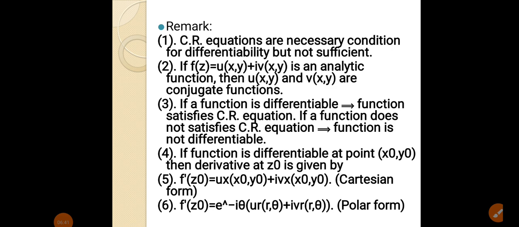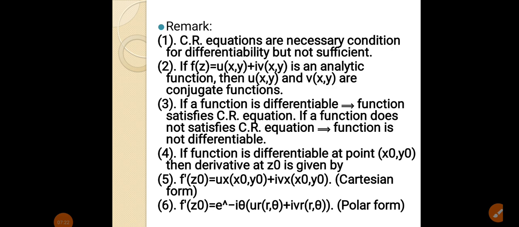Second, if f of z is equal to u of x y plus i v of x y is an analytic function, then u and v are both conjugate functions. It means u and v are conjugate to each other.